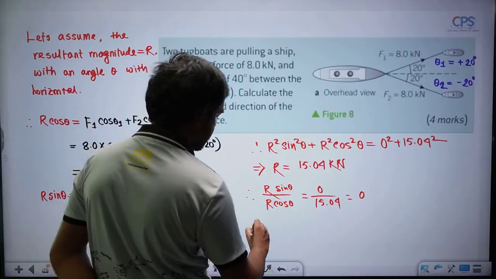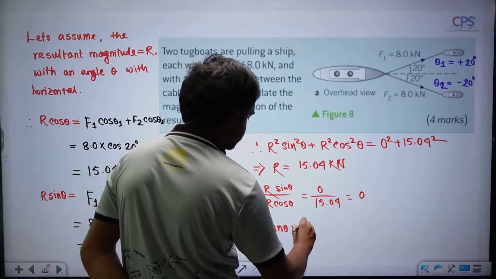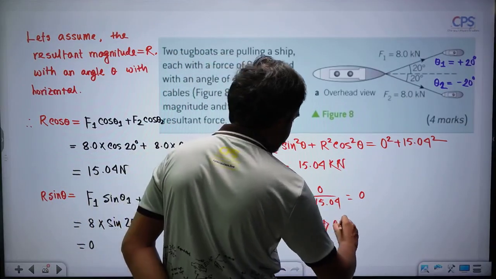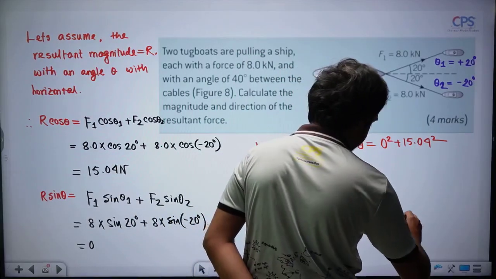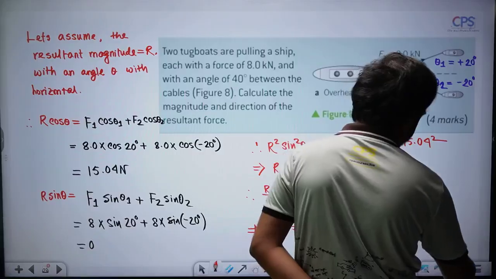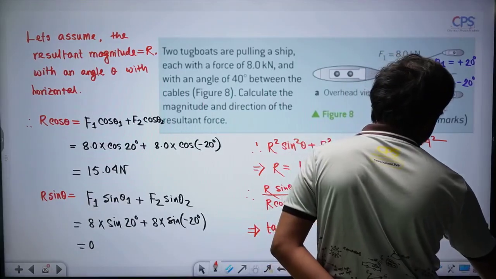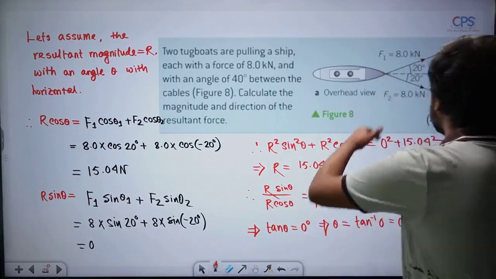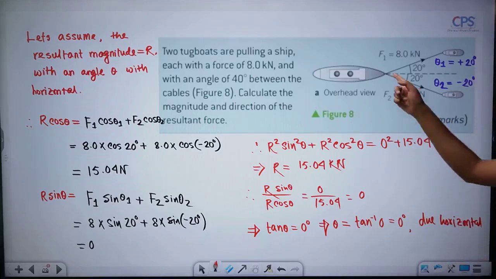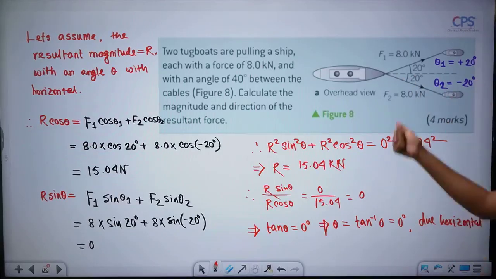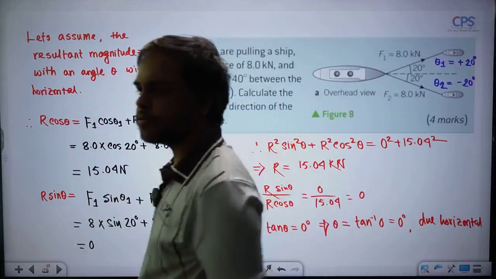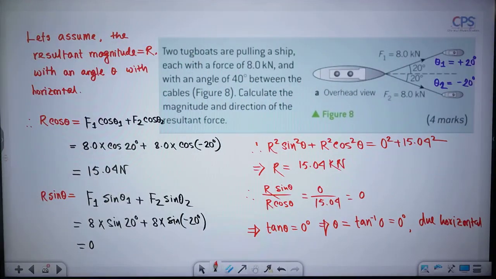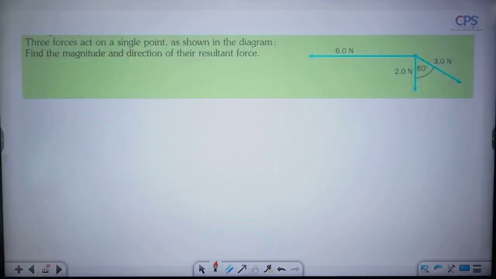So tangent of theta will be 0. So theta will be tan inverse 0 or 0 degree. So due horizontal. The resultant force will be along the x axis only. So the resultant will be 15.04 kilonewton in the horizontal direction. Okay, got it?